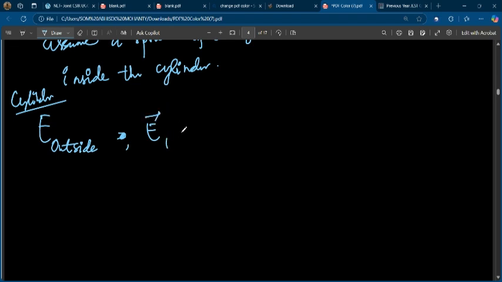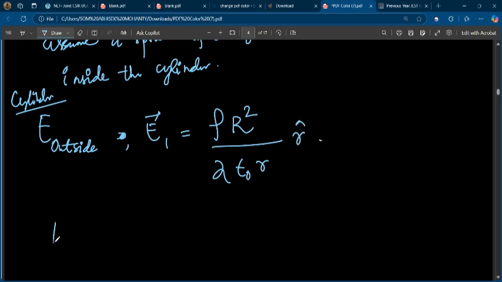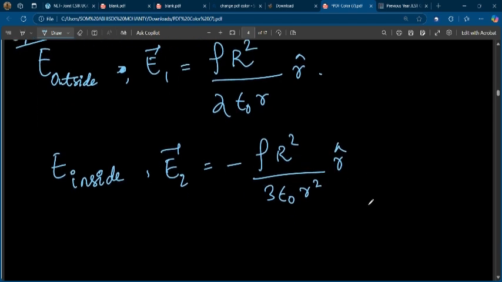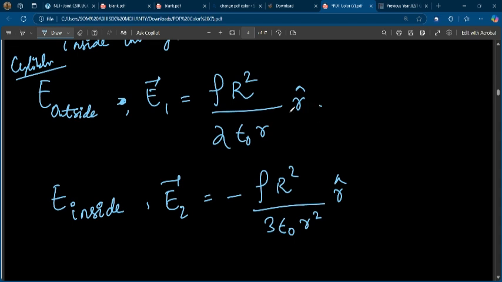Suppose E1 vector is equal to rho R square, where capital R is the radius, divided by 2 epsilon naught r, r cap. Now E inside, suppose E2 vector is minus rho r square divided by 3 epsilon naught r square, r cap. So this is the difference between inside and outside of an electric field for the cylinder. Outside it is 2 epsilon r, inside it is 3 epsilon r.